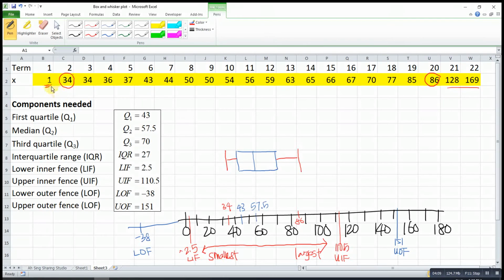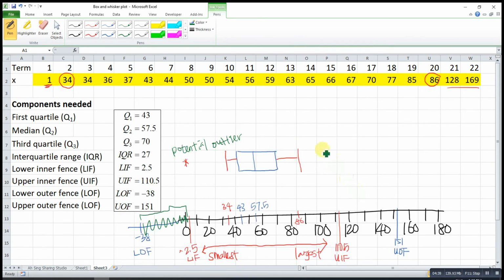For this one, somewhere around here, we put a mark here, 1. Since this one is within the range from the lower inner fence to the lower outer fence, this is only a potential outlier.